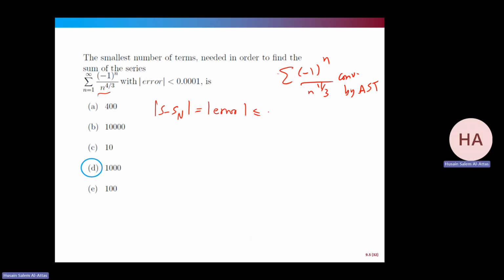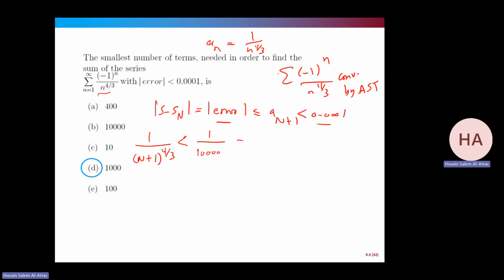For sure, it will be less than an plus 1, and I want this less than this, satisfying that inequality so that the error is less than this. So it is an plus 1. I have 1 over n plus 1 to the power 4 over 3. An is what? 1 over n to the power 4 over 3. That I want it to be less than 1 over 10,000.